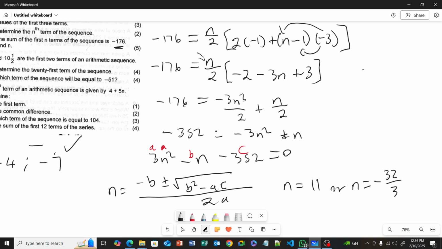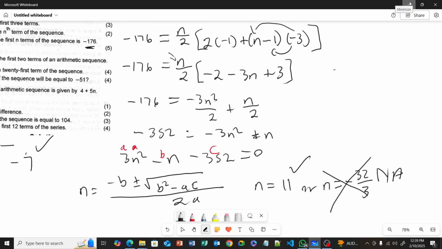Okay, but here we are dealing with sequences and series. There is no way you are going to get a negative position in a sequence. So this one is not applicable, only this value is correct. Okay guys, so yeah, and that will be that.